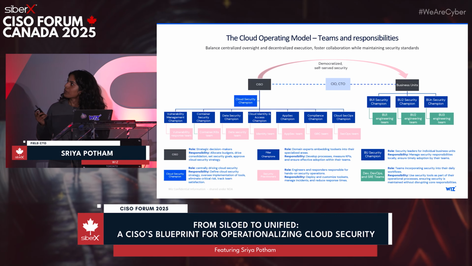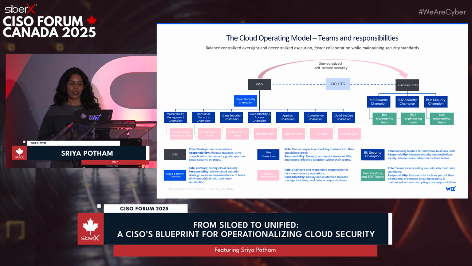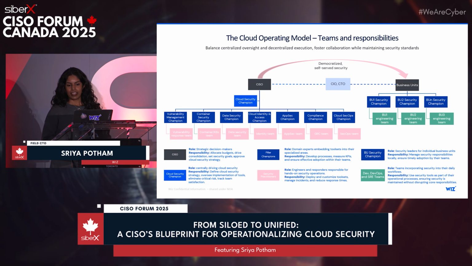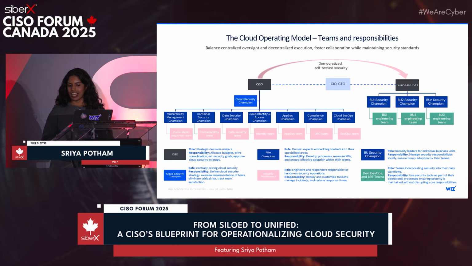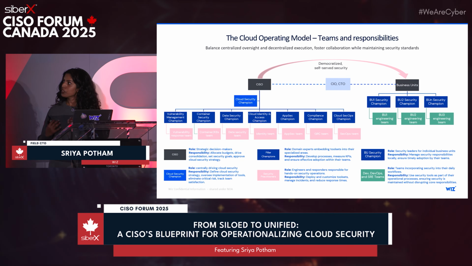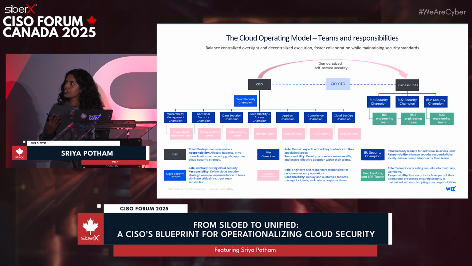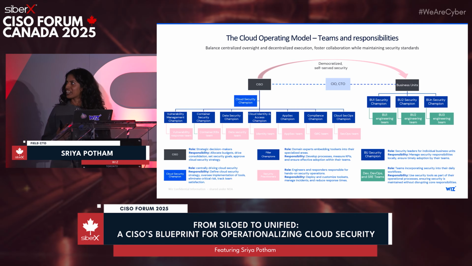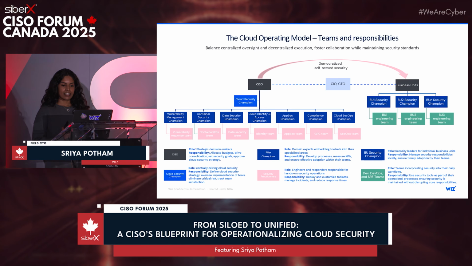Supporting the CISO is the cloud security champion, a role dedicated to defining the cloud security strategy, overseeing tool implementation, and eliminating critical risks and tracking team success. Below that, you'll see all of your traditional security teams, your vulnerability management, your data security, cloud identity and access.